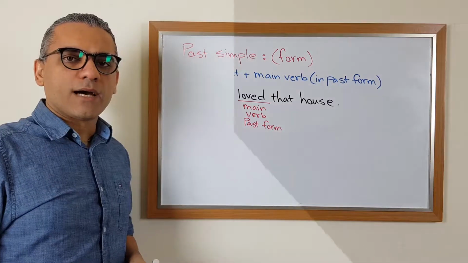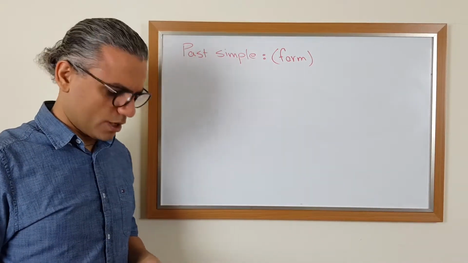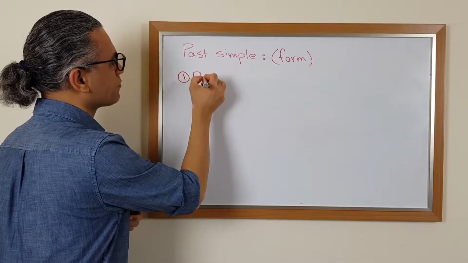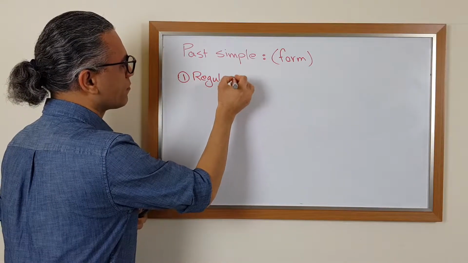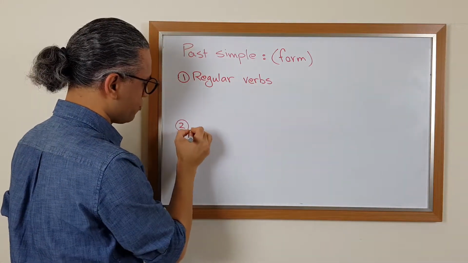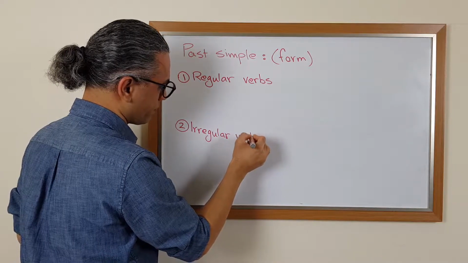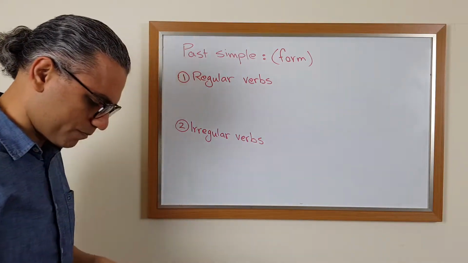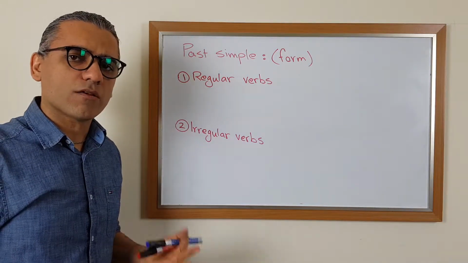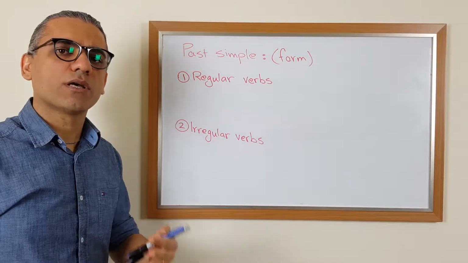form. Now, let's briefly talk about past form of verbs in English. One, regular verbs. Two, irregular verbs. Generally, regular verbs are the verbs we use ed to when we are forming the past form.